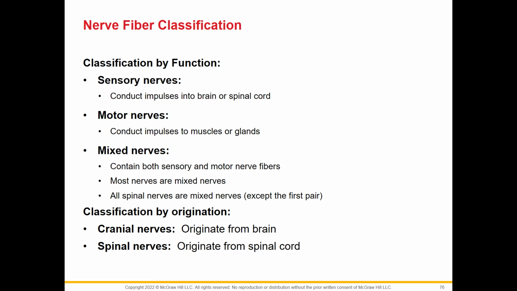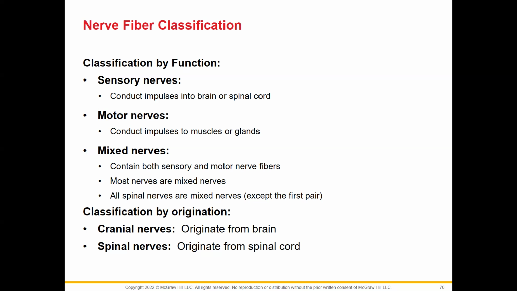Sensory neurons receive impulses from the periphery and send them to the brain and spinal cord. Motor neurons take information from the brain and spinal cord and send it to effectors. And then mixed nerves contain both sensory and motor fibers. Most nerves in the body will be mixed.